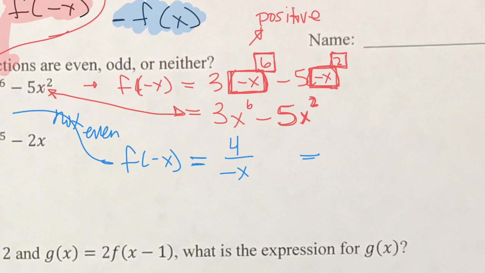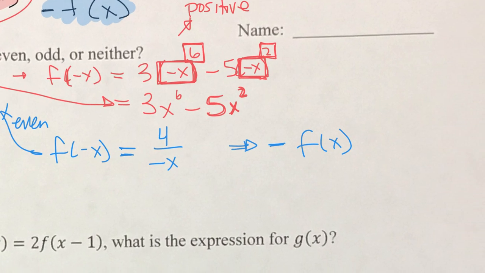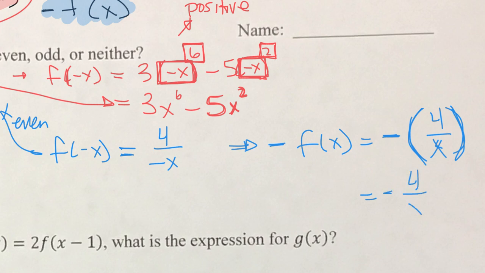So now we test for the second one. What if we make the entire equation negative? Okay, so you go back to the original, right? The original was 4 over x, and you put a negative in front of the entire thing. Put the entire equation in parentheses, and then we simplify. Well, there's really nothing to simplify except take away the parentheses, and then we compare these two.